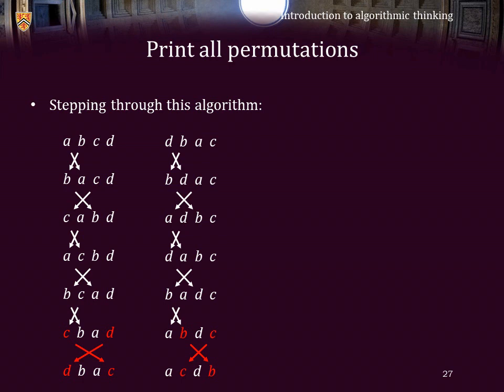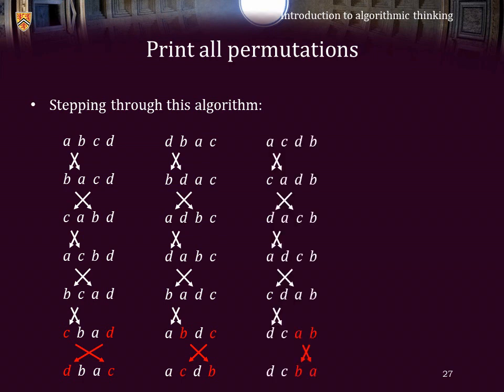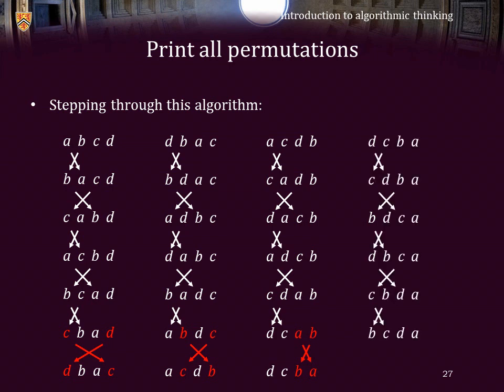Now we swap the second and fourth entries. We repeat the process, starting with CADB. This produces the next 6 permutations, and finally we swap the last 2 entries, and we use that once again to perform the previous operation on the first 3.